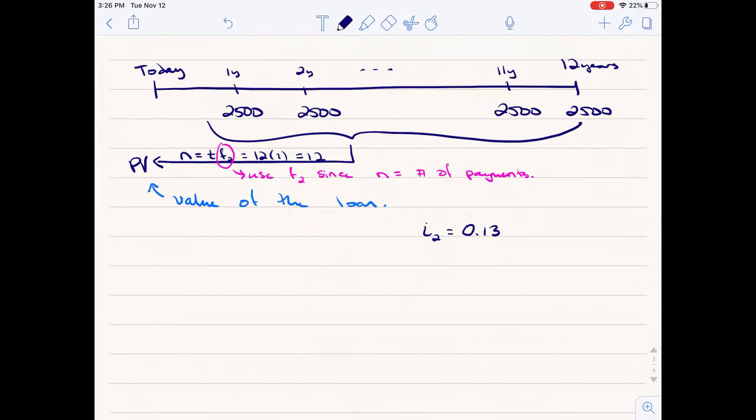This is your complete timeline. We're solving for PV, which means we have to use our formula sheet, and once this loan is all paid off, the future value is going to be 0, so that one we don't care about.